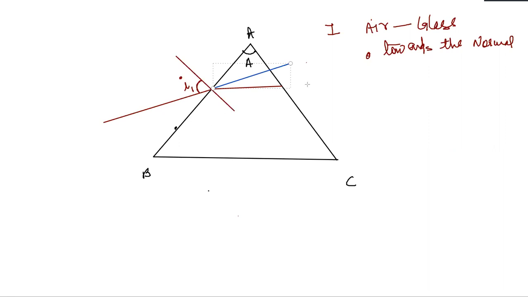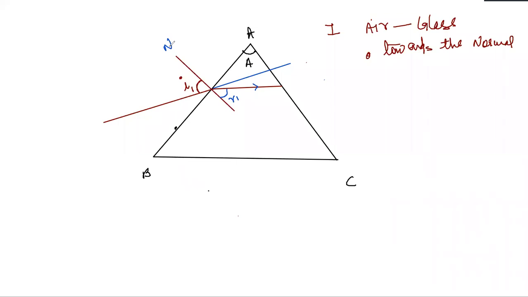But because it meets the prism in between, light ने अपना path change कर लिया और वो इस path पर यहां से यहां पर bend हो गई है. Okay? Angle of refraction तो normal से ही बनेगा. So this is the first angle of refraction.